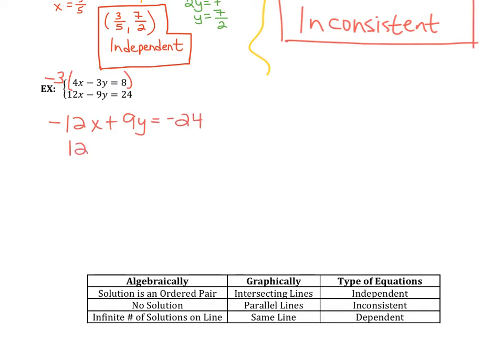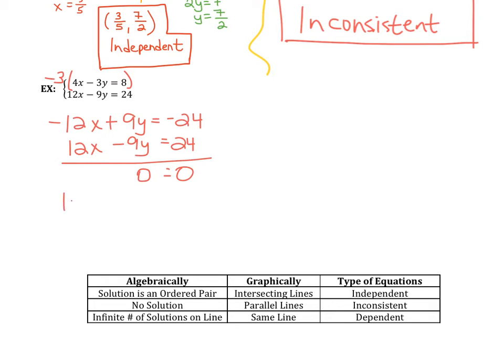If I rewrite the bottom equation, and then if I go through and I do my adding of the two equations, my x terms are going to cancel out, my y terms are going to cancel out, so I get a 0 on the left-hand side of the equation. And then if I add negative 24 plus positive 24, I also get 0. So my variables have gone away, and I have a true statement this time.